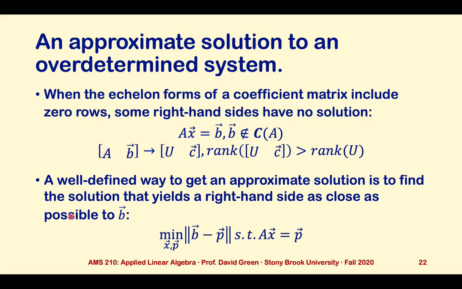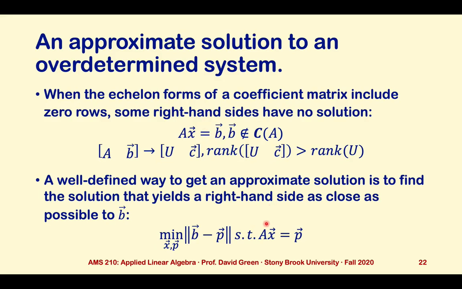A well-defined way to get an approximate solution, right? This isn't the only way, but a well-defined way to get an approximate solution might be to say, let's find the solution that gives a right-hand side as close as possible to b. Ax equals b does not have a solution.